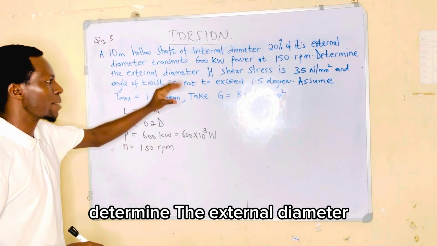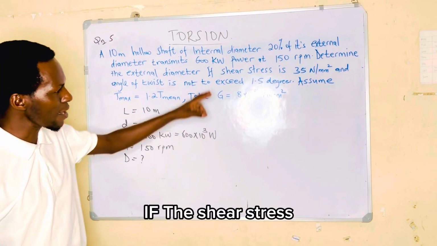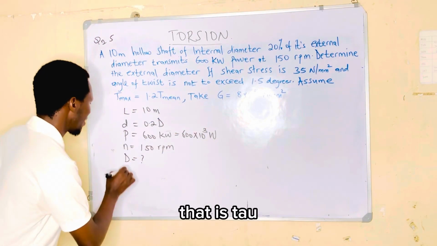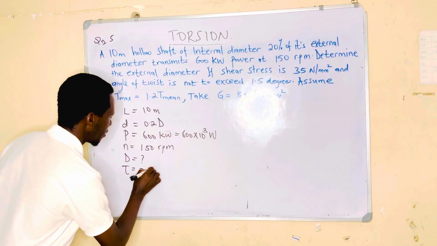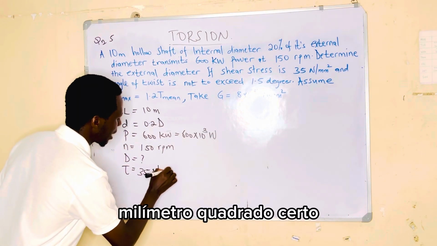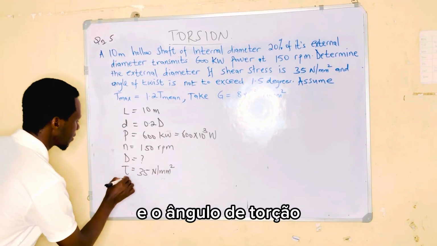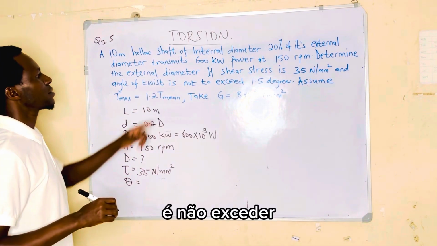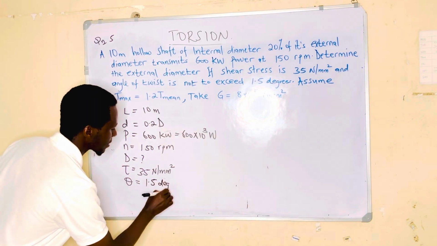Determine the external diameter, that is capital D, if the shear stress, tau, is equal to 35 Newton per millimeter square, and the angle of twist, theta, is not to exceed 1.5 degrees.